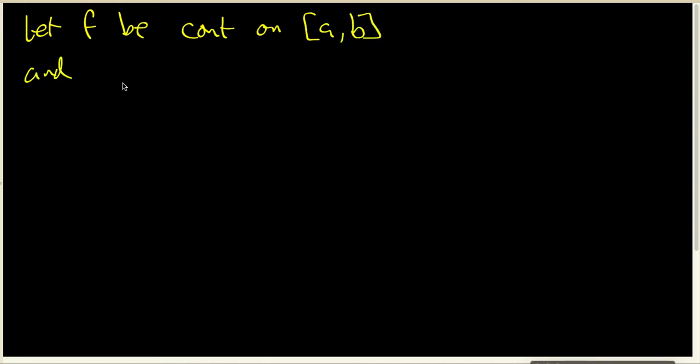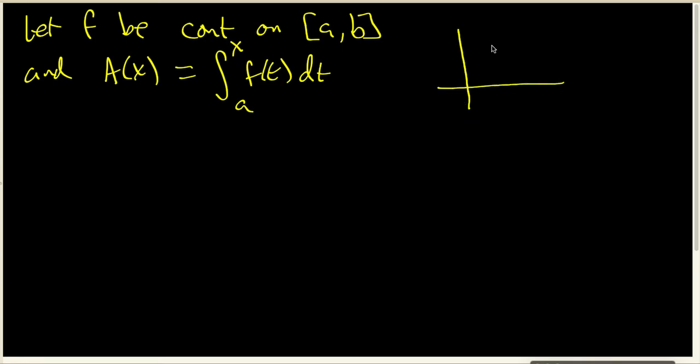I'm going to let f be continuous on a closed interval between a and b, and define A of x to be my standard area accumulation function, the definite integral between a and x of f of t dt.